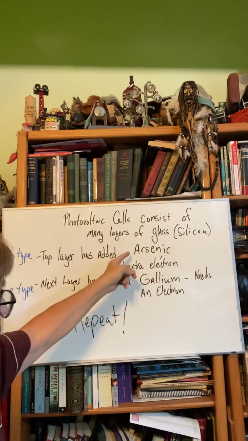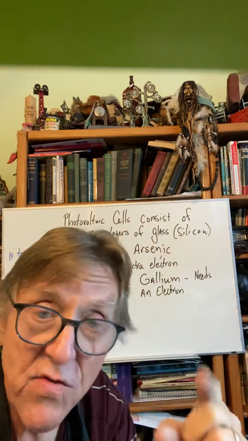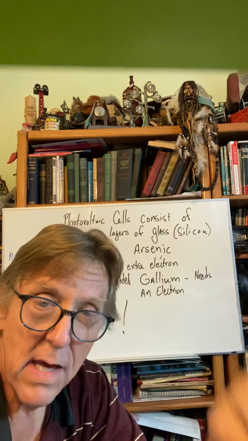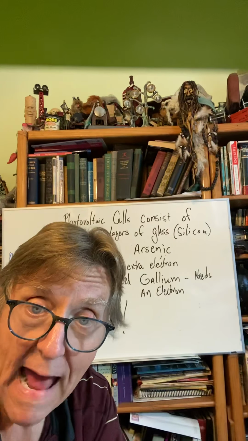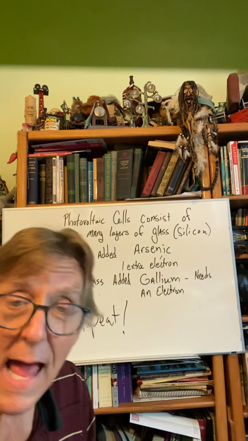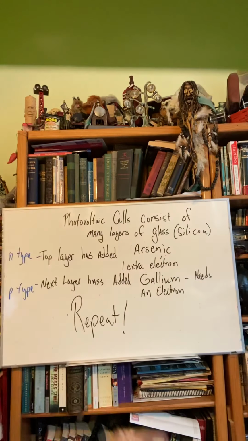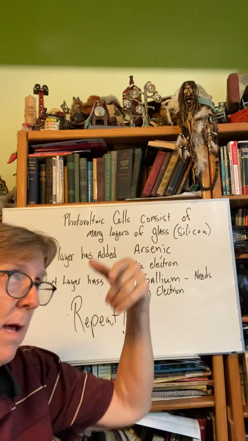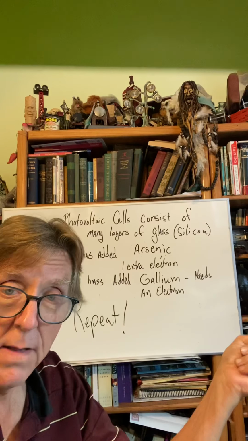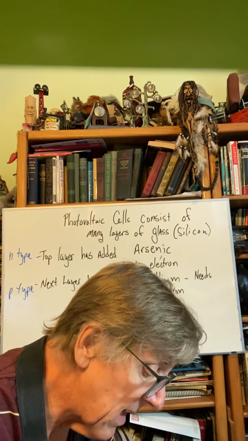So arsenic, the electron jumps to gallium, and so on. And so you get this flow of electrons down through the glass and out into the power grid. That's how we do it. We have N-type and P-type layers, and this is where that easily gives up an electron, and the next one easily absorbs an electron.